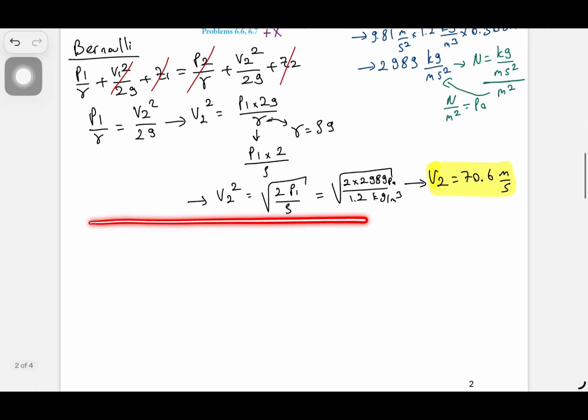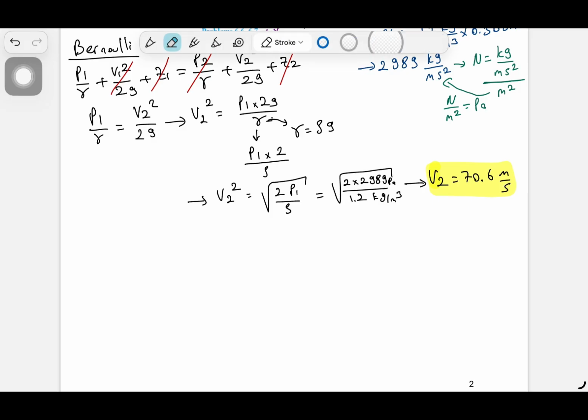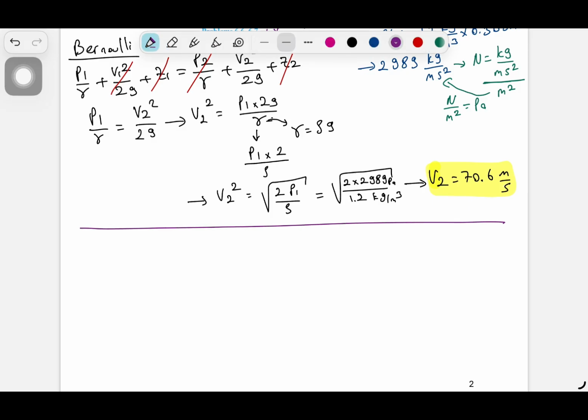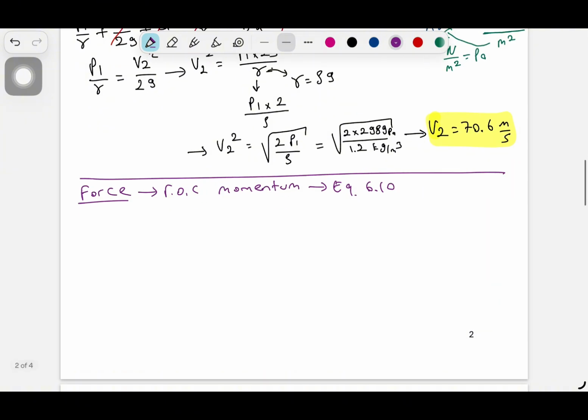Okay, now find the force. As I mentioned in the first question, and also in your textbook or from your lectures, the force is equal to the rate of change of momentum. From your textbook, equation 6.10, you will find the simplified version of the momentum equation.